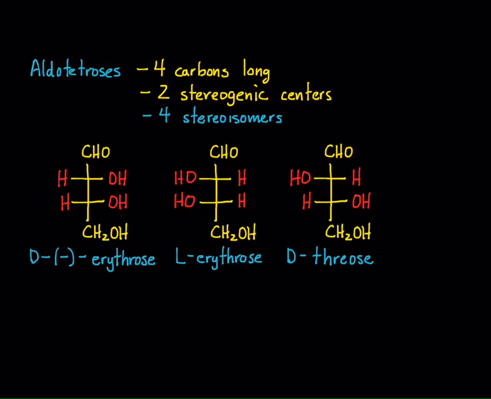And of course, D-threose has an enantiomer to it, which is its mirror image, and it looks like this. And this is called L-threose. You have to get used to the names. Erythrose and threose. So these are all 4 of the stereoisomers of the aldotetroses.